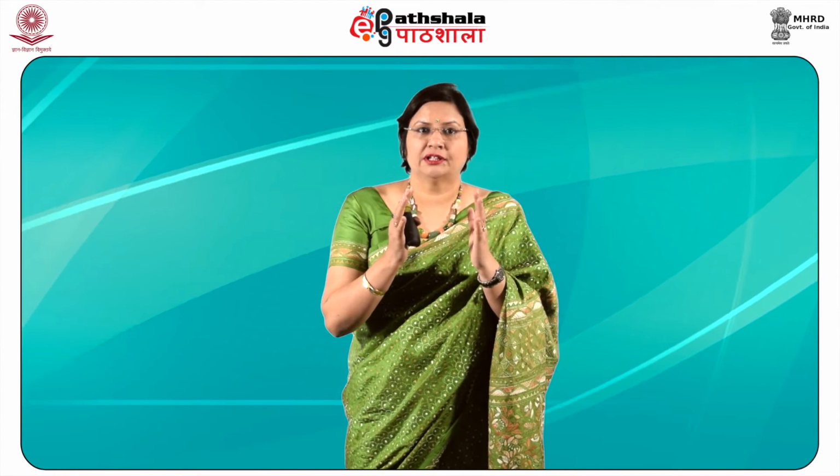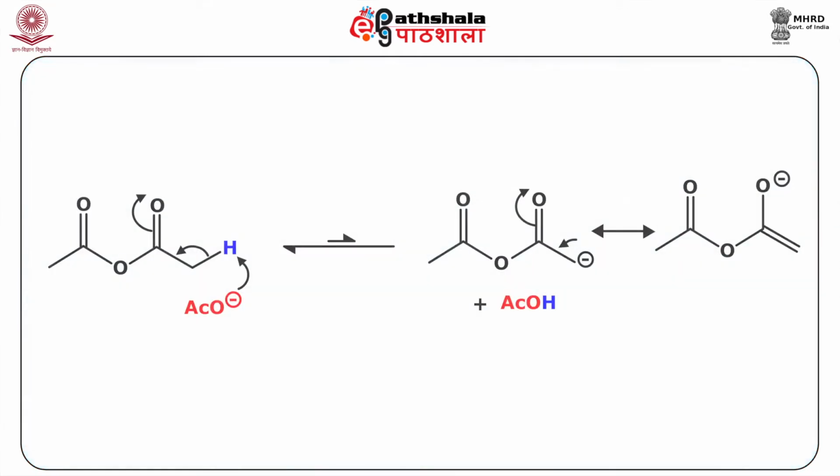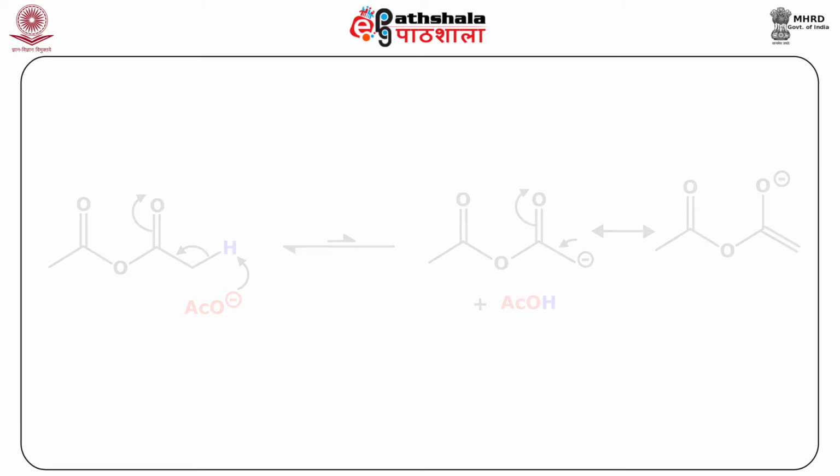Now, in the mechanism, let us look at the first step. The acetate ion acts as a base and abstracts the alpha hydrogen of the acetic anhydride molecule, and this gives rise to its enolate ion, which is resonance stabilized via the alpha carbon, as shown here.